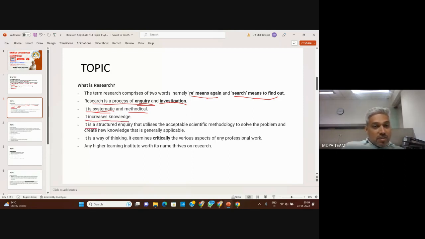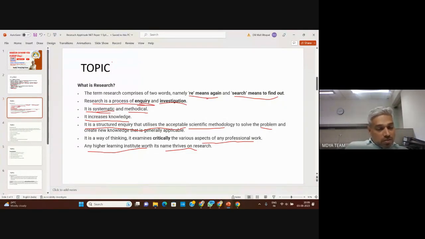It is structured inquiry that utilizes the acceptable scientific methodology to solve the problem and create new knowledge that is generally applicable. It is a way of thinking. It examines critically the various aspects of professional work. Any higher learning institute worth its name thrives on research. So this is what research is about.